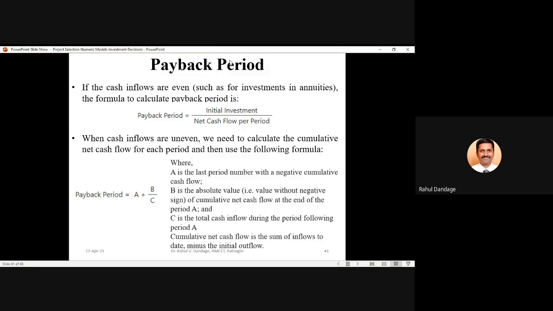And if the cash flows are uneven, then we can calculate the cumulative net cash flow for each period and then use this formula: payback period is equal to A plus B upon C, where A is the last period number with a negative cumulative cash flow, B is the absolute value of cumulative net cash flow at the end of period A, and C is the total cash inflow during the period following period A.